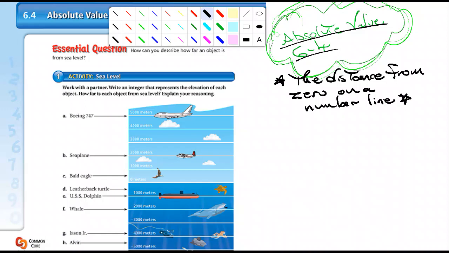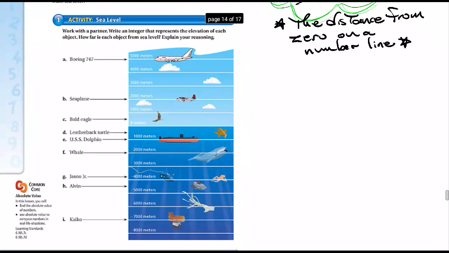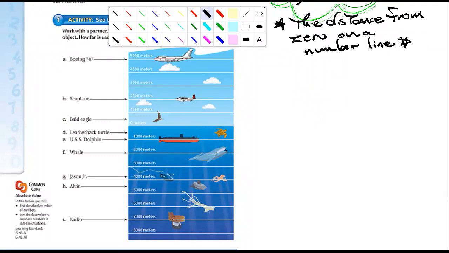Now they've got a little chart here. I don't know if you're on that page in your book, but you can see it right here. They just want students to be thinking about how it works. If I consider sea level, which is right there, as zero, and I ask you, let me pull a stick here, Mr. Marquardt, how far is the seaplane from sea level?